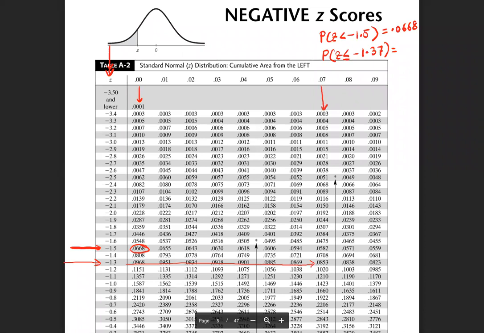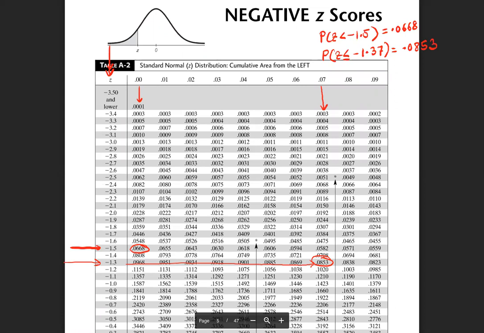Do you see? It's going to be this value, 0.0853.